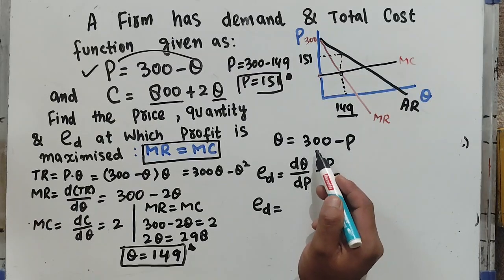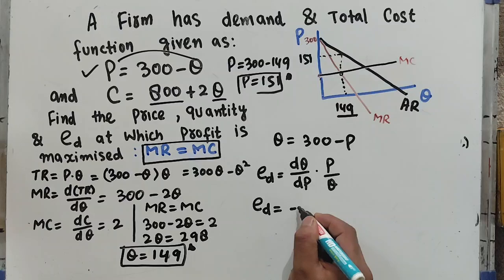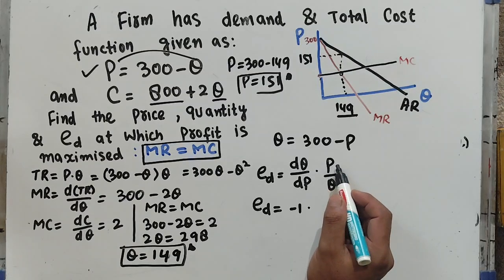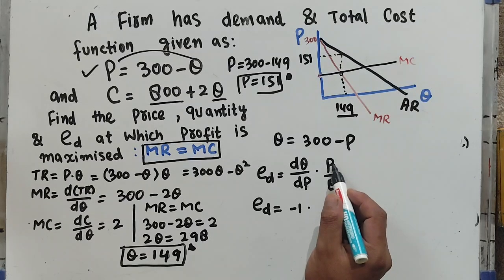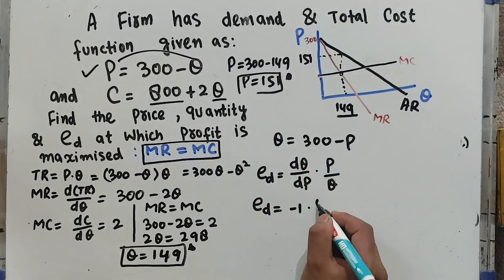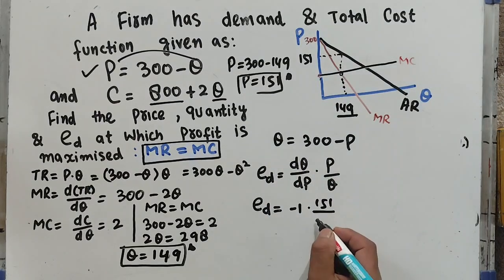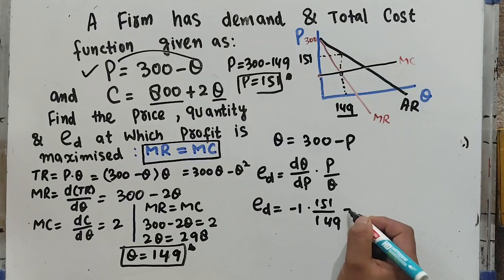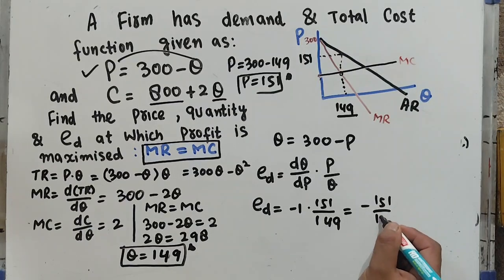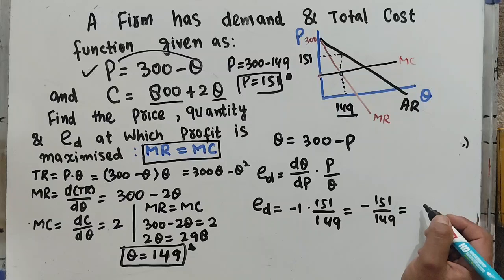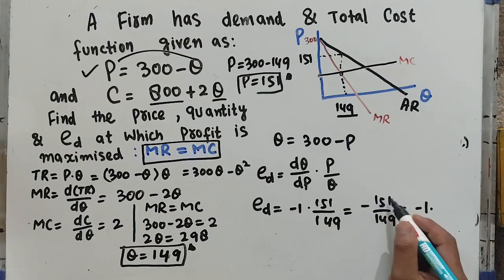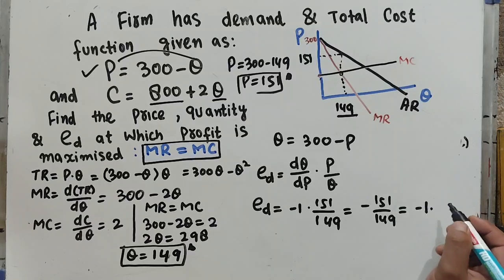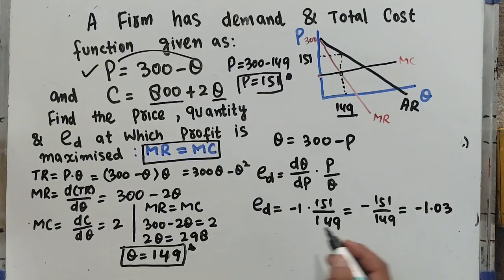Derivative of a constant is 0, derivative of P is 1, so we are left with negative 1 times price upon quantity. Price we have found out is 151, and quantity is 149, which gives negative 151 upon 149. So it will come out to be negative 1 point something, because 151 in the numerator is greater than the denominator 149.